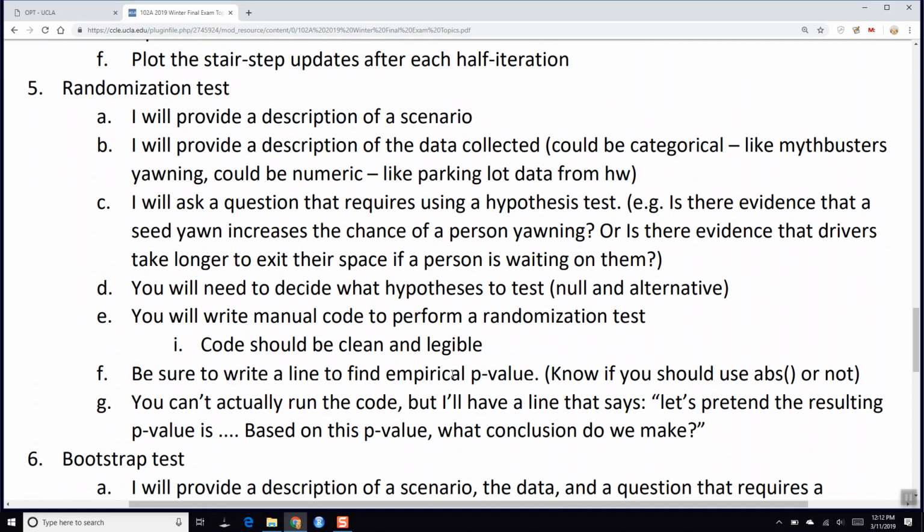Or find your empirical p-value. And then of course you can't actually run the code, but I'll say let's pretend this p-value comes back to be 0.23, okay? Then what kind of conclusion would you make, or something like that, okay? And you'd answer that. So this is also very similar to, I think, examples we've done in class or the things you've seen in your homework. Any questions on that?